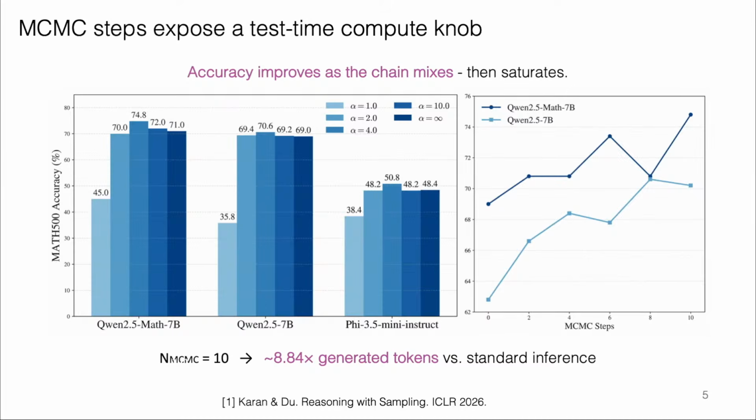In terms of running MCMC steps, it roughly saturates around 10 MCMC steps, so that's around 9 or 10 times the total number of tokens generated. We find that changing the alpha we use to sharpen the distribution does not really affect performance too much, except that 2, 4 or 8 is better than sampling from the original distribution p(x).